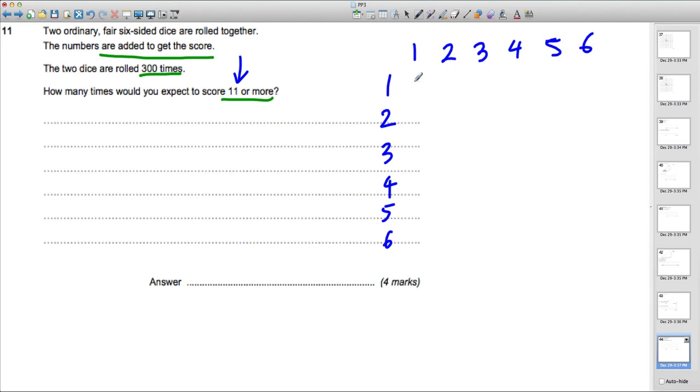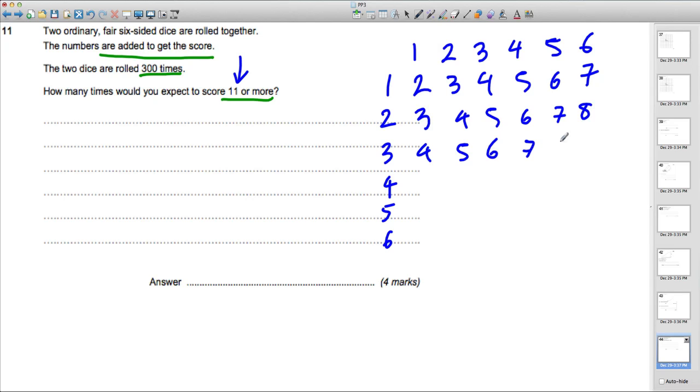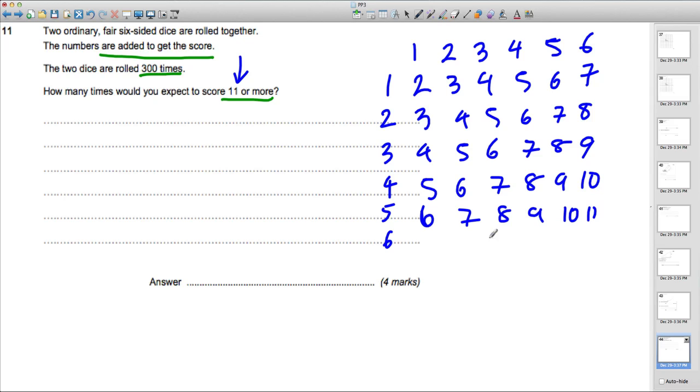So if you add them together, you get 2, 3, 4, 5, 6, 7, then 3, 4, 5, 6, 7, 8, then 4, 5, 6, 7, 8, 9, then 5, 6, 7, 8, 9, 10, then 6, 7, 8, 9, 10, 11, and 7, 8, 9, 10, 11, 12.